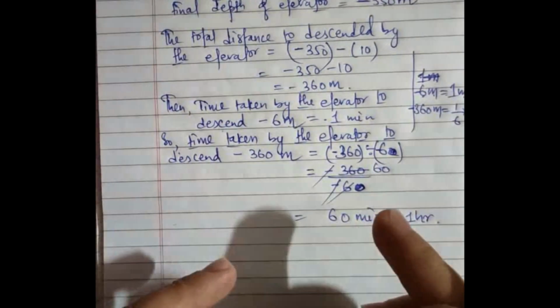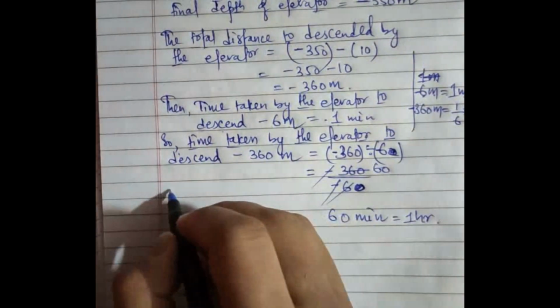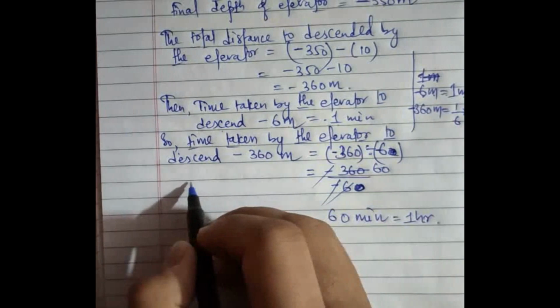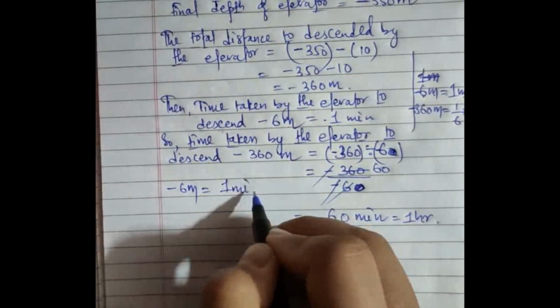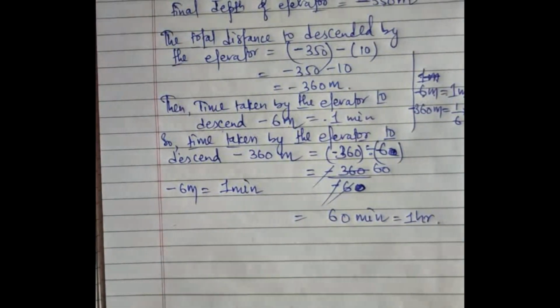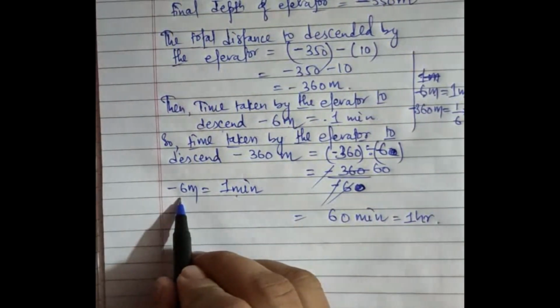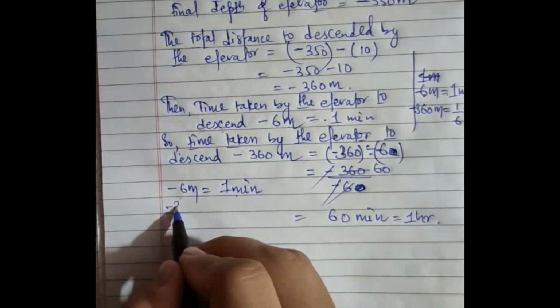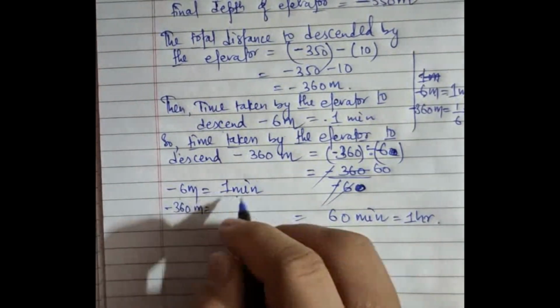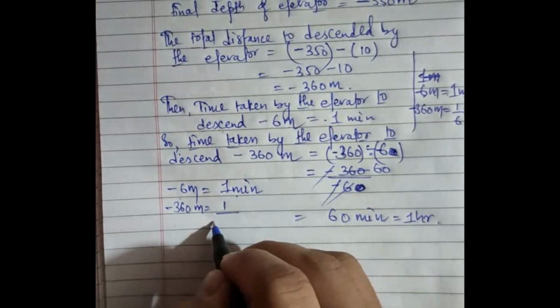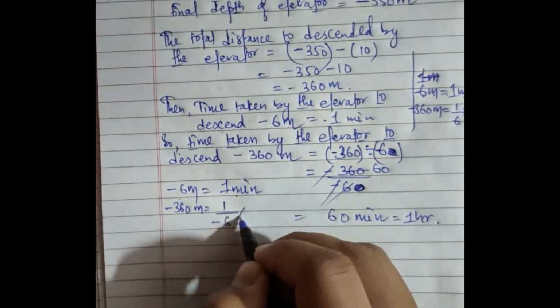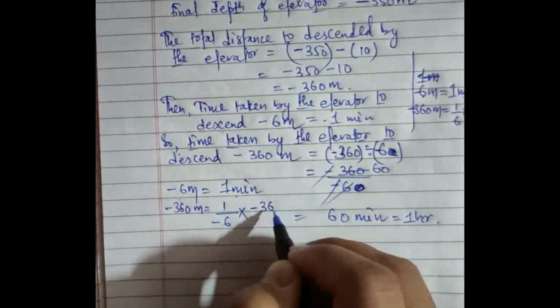So this is one way to solve it. For 6 meter, it has to take 1 minute. Within 1 minute, it is descending minus 6 meter. So for minus 360 meter, it has to descend 1 by minus 6 into minus 360 meter.